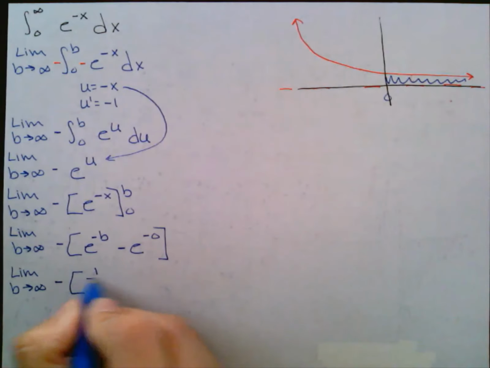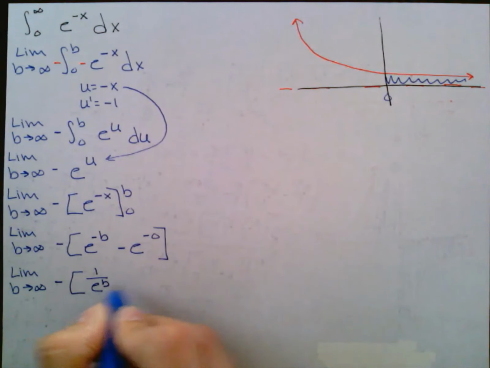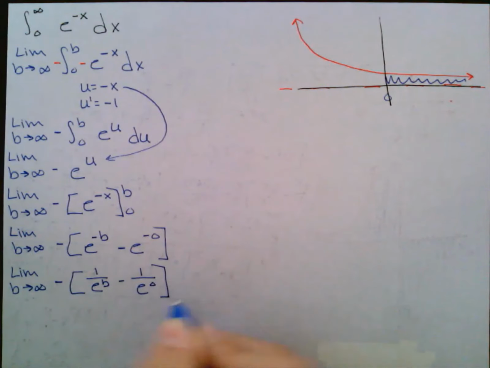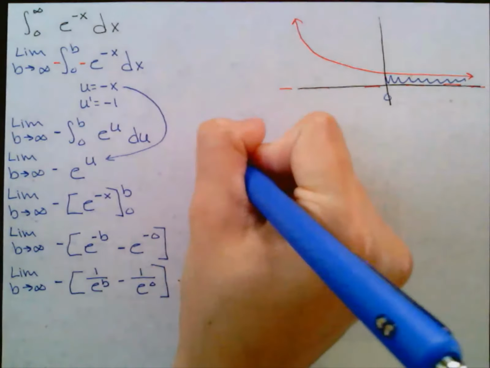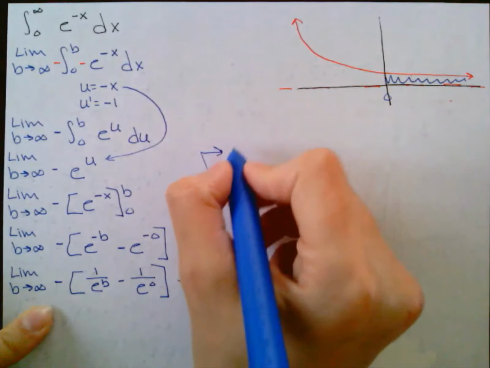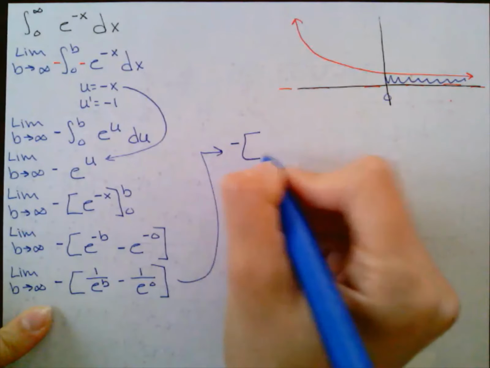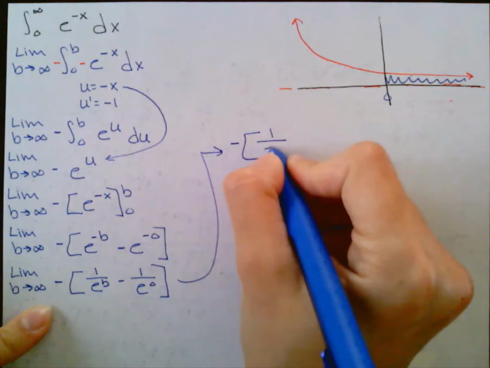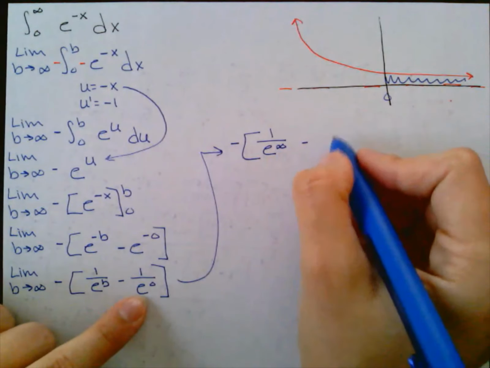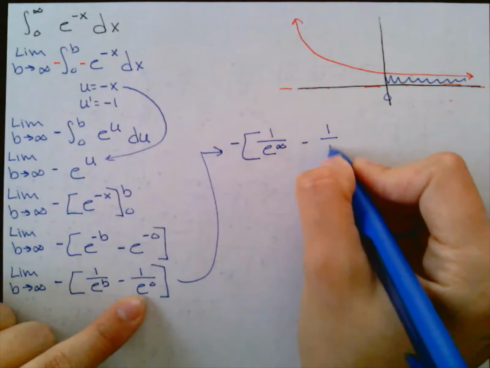So I'm going to have 1 over e to b minus 1 over e raised to 0. Okay? And let's come up here with our work. So now I'm going to go ahead and plug in that infinity. And then anything raised to 0 is 1.